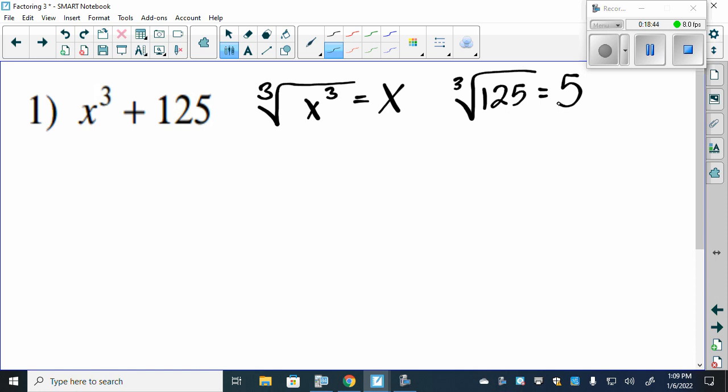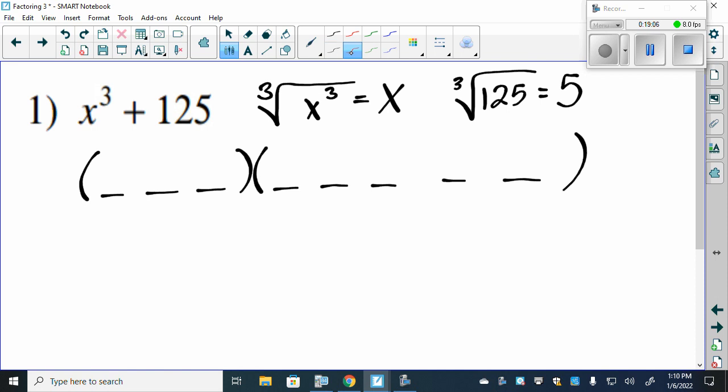Now I think of these parentheses as a tractor trailer, because the first one is going to have 3 spaces, and the second is going to have 5. So I think it kind of looks like a tractor trailer. Any questions on this so far?